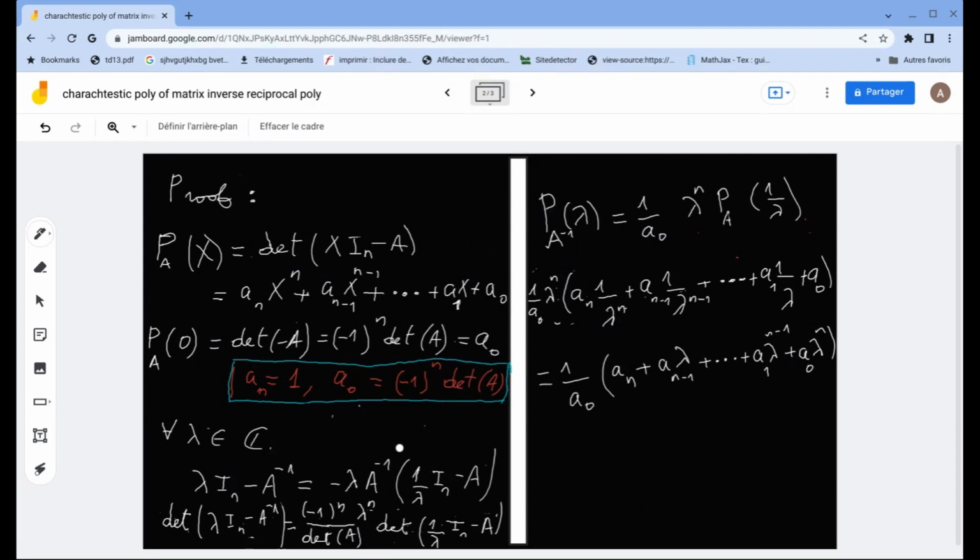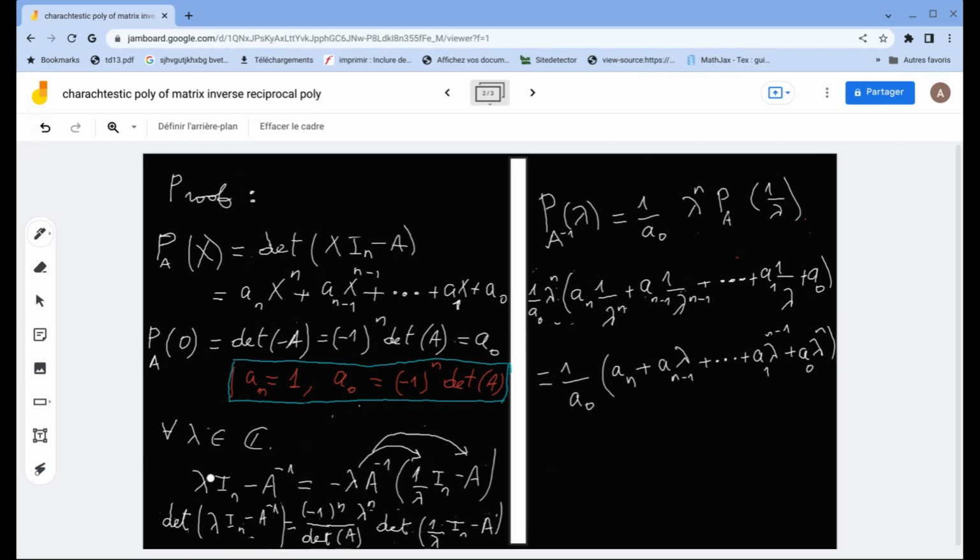If I do the product here, this times this gives lambda In, which is here. This times this gives minus A inverse, which is here. So this is just factoring by the factor minus lambda A inverse.